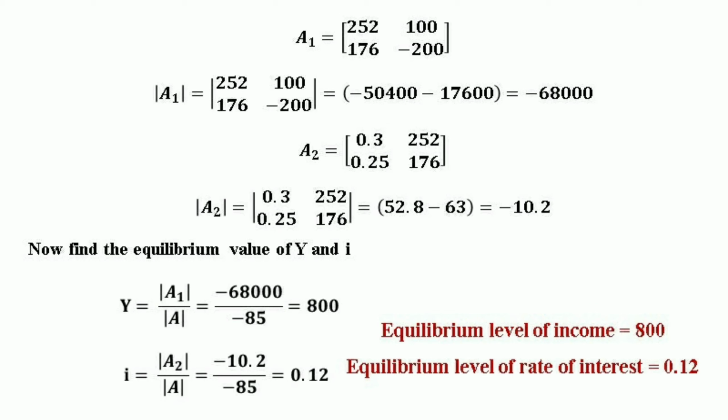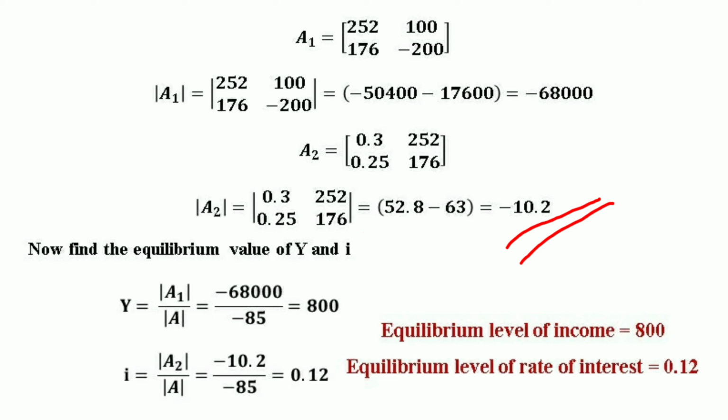And after forming the A2 matrix, we want to find the determinant of A2. So here the determinant of A2 is equal to 0.3 into 176, which is 52.8, minus 252 into 0.25, which is equal to 63. So 52.8 minus 63 is equal to minus 10.2.